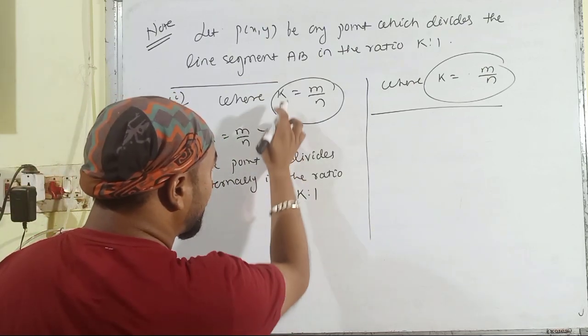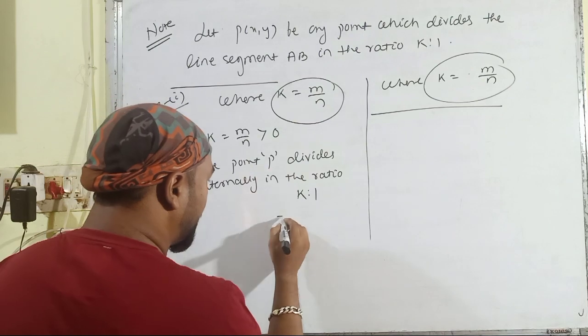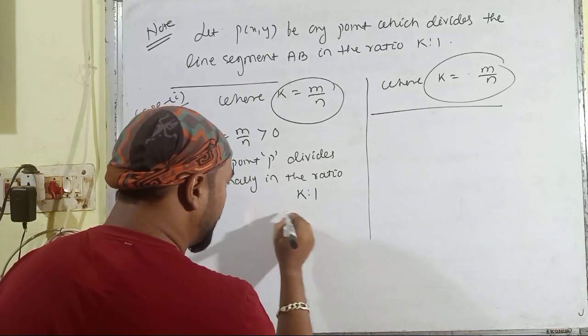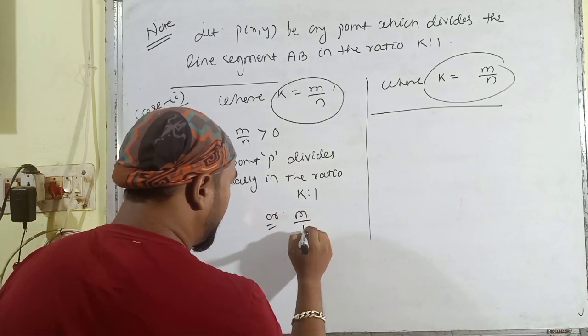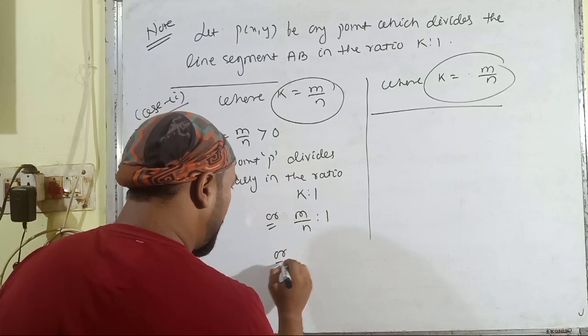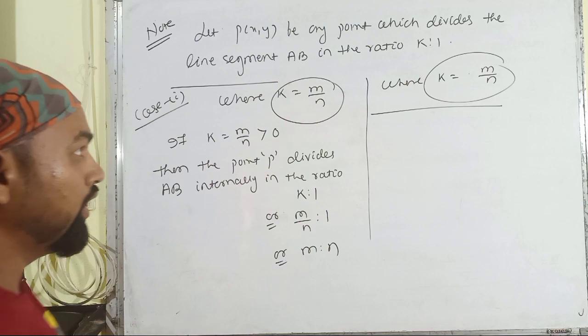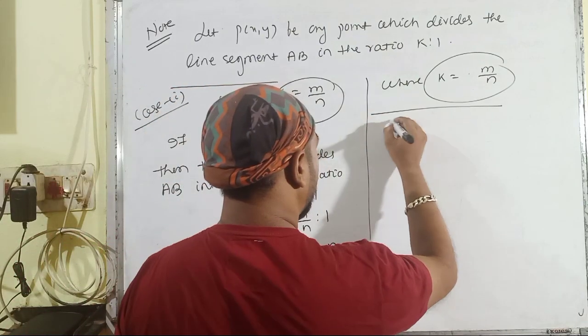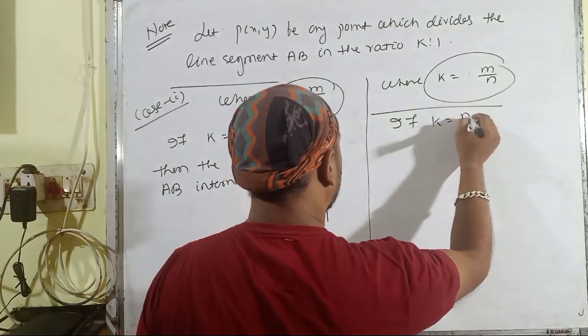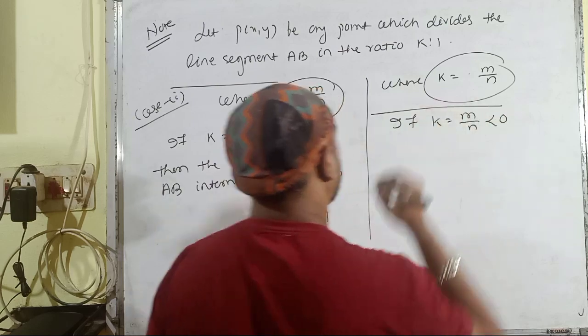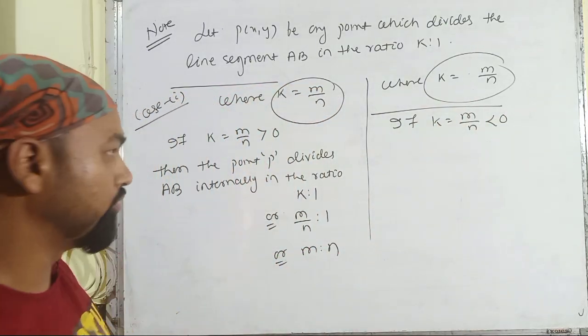As k is equal to m upon n, you can also write m upon n is to 1, or m is to n.